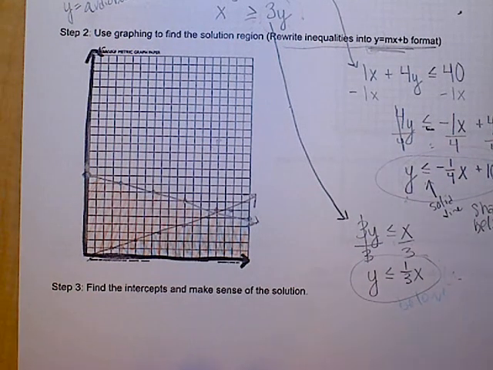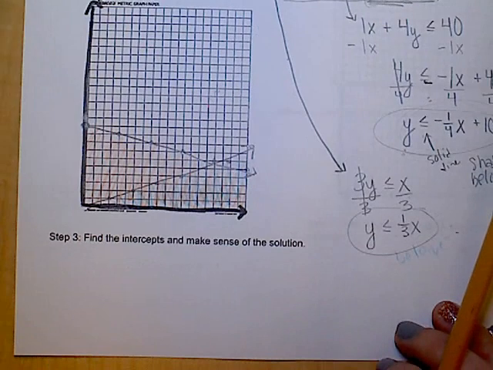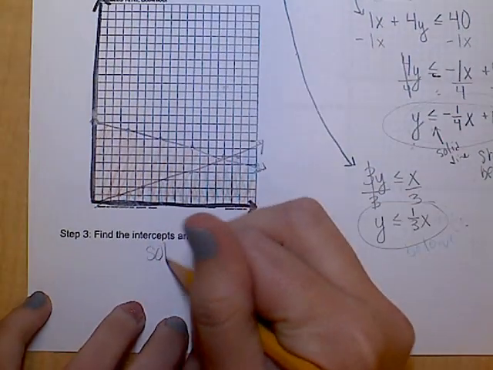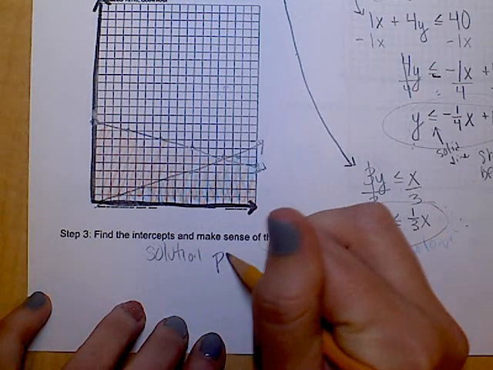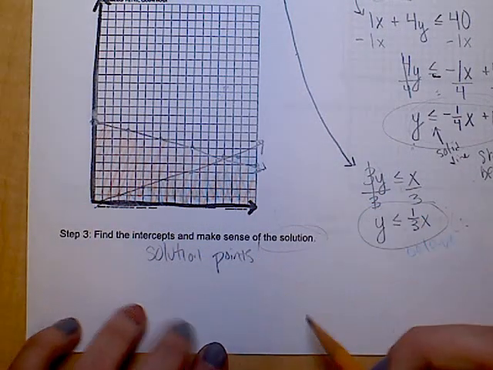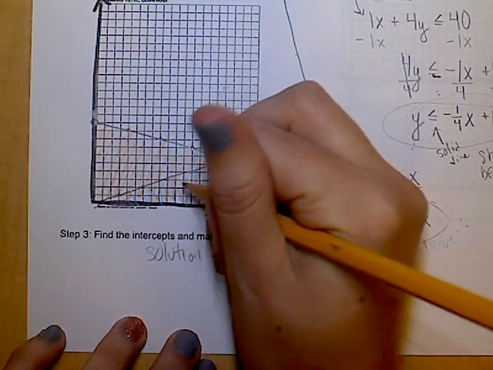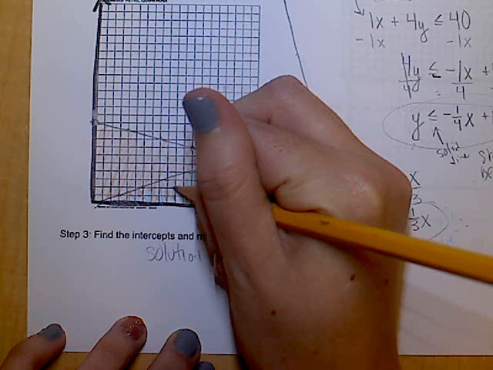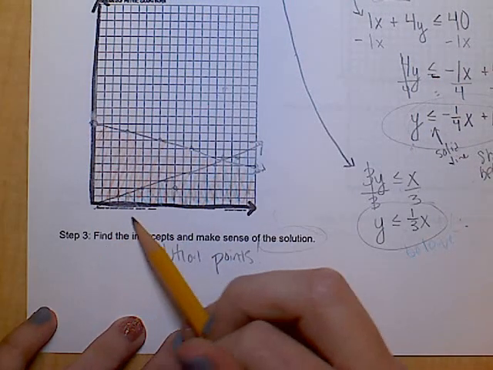And so when it's asking to make sense of my solution, what I should be really looking for is some solution points. I could maybe choose this point right over here, and that's at I think like 11, 2.